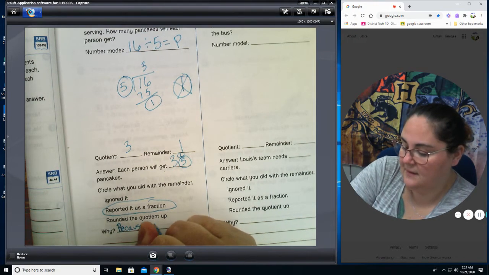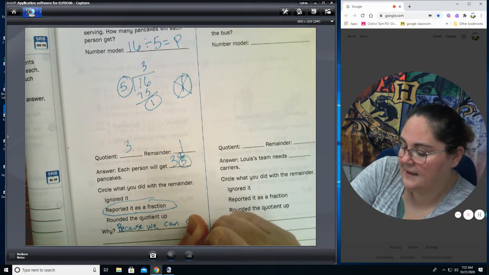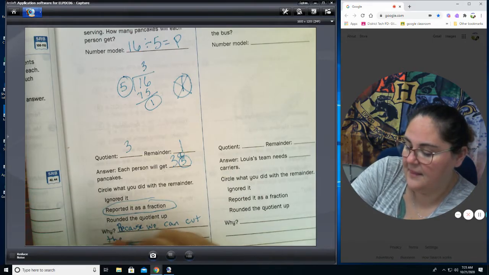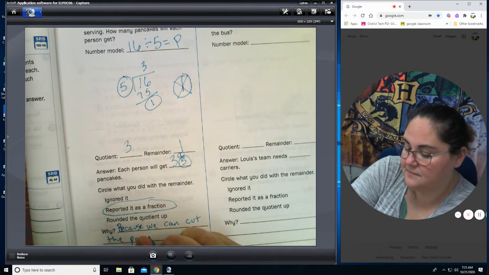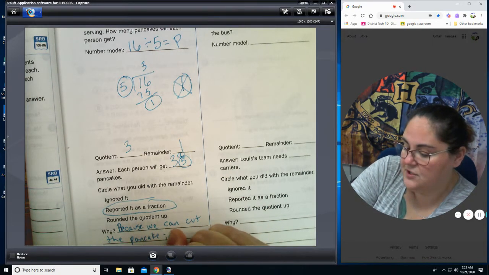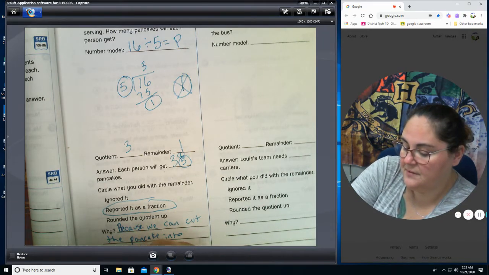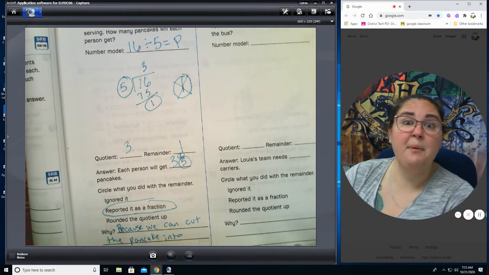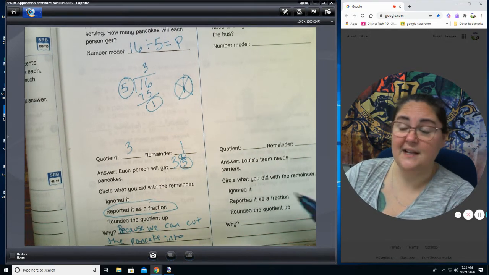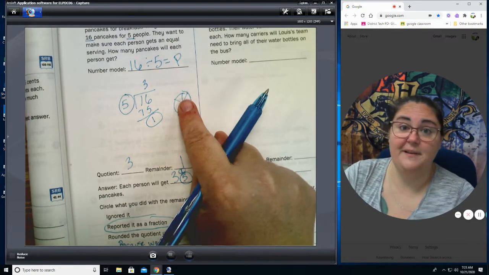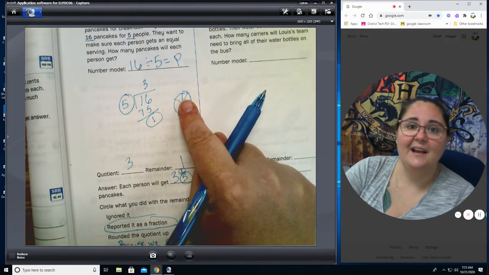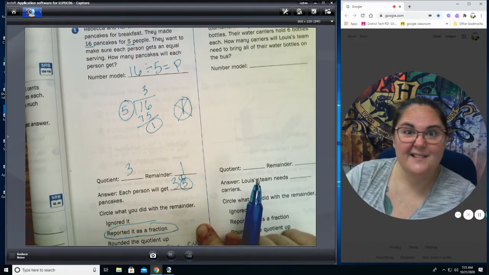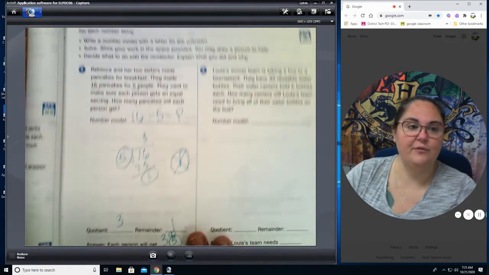Because we can cut the pancake into smaller pieces. Now, if this were something like books, that wouldn't make sense. I can't take a book and chop it into 5 pieces. It doesn't work, right? But with pancakes, you can. So that's why we're able to make it into a fraction.